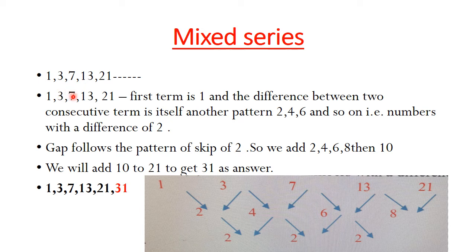Then 3 and 7, 4. 7 and 13, 6, then 8, and the next number will come after adding 10. It means the pattern follows a skip of 2. So we simply add 10 to the last number to get the result 31. We complete the series as 1, 3, 7, 13, 21, 31. That is called the mixed series.